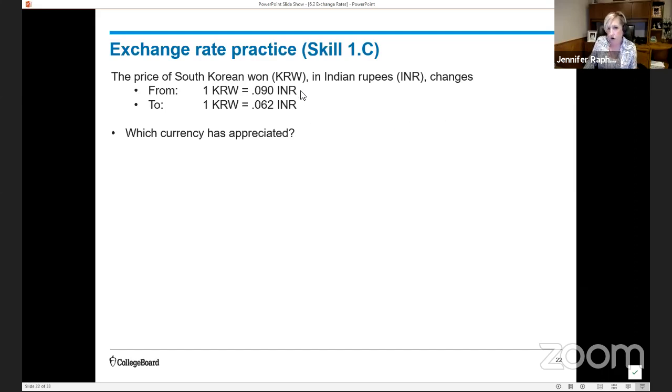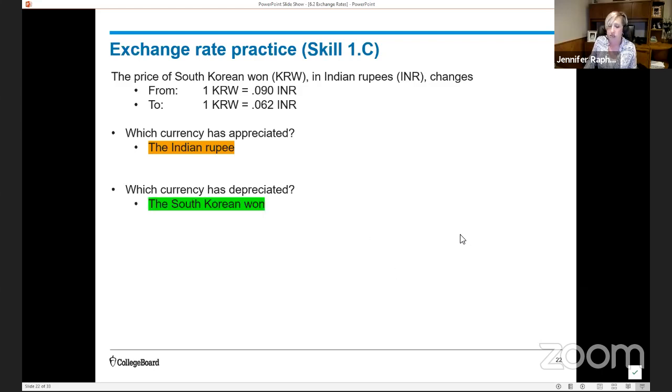Well, before it cost 0.090 rupees to buy 1 won, and now it only costs 0.062 rupees to buy a won. So the rupee is the currency that is going up in value, which means that the won is the currency that is depreciating.